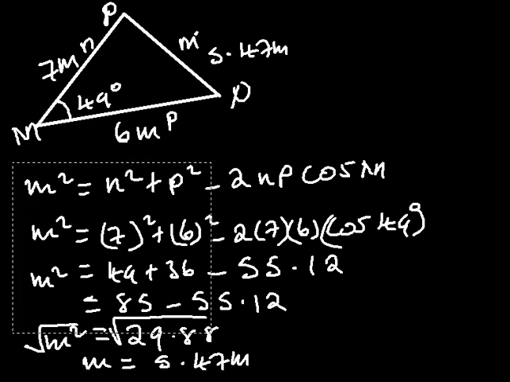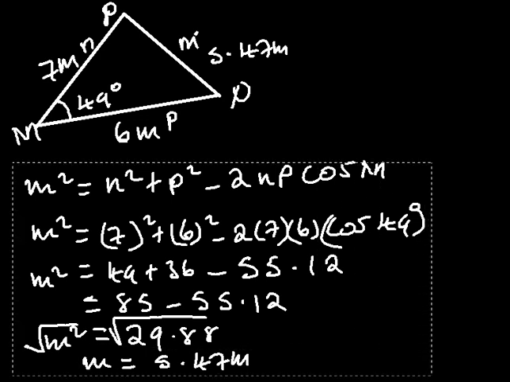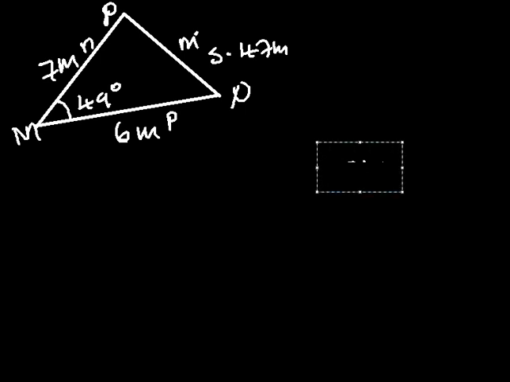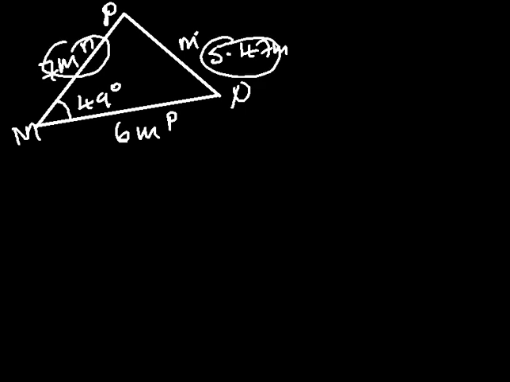Now how about the values of the other two internal angles, this angle as well as the other angle? How should you have it? As you can see, we have all the sides of the triangle, and also we have one internal angle which is 49.